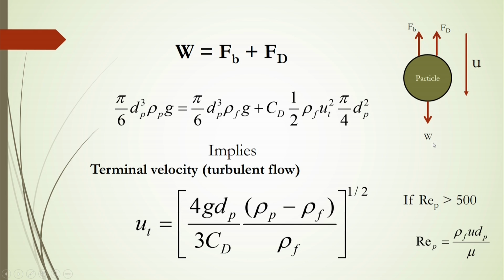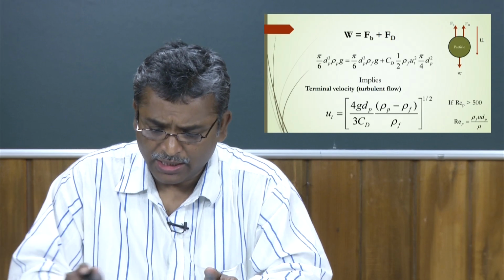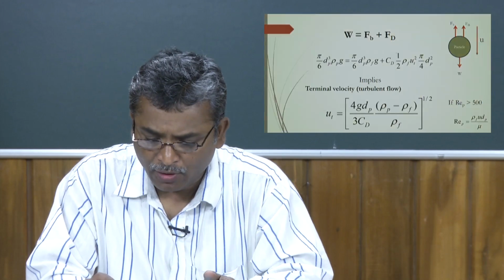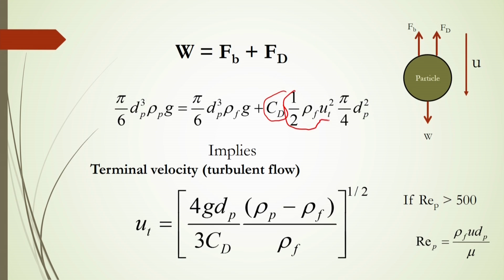Now, if Reynolds number is greater than 500, that is, it is not Stokes flow, that means under turbulent flow, then of course, you have to substitute the drag force as C d into half of rho f u t square into pi by 4 into dp square.